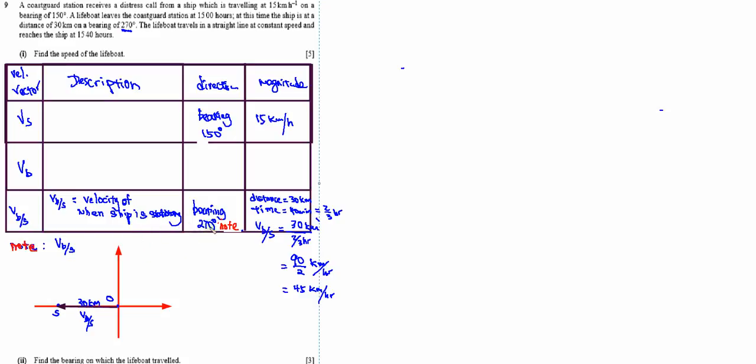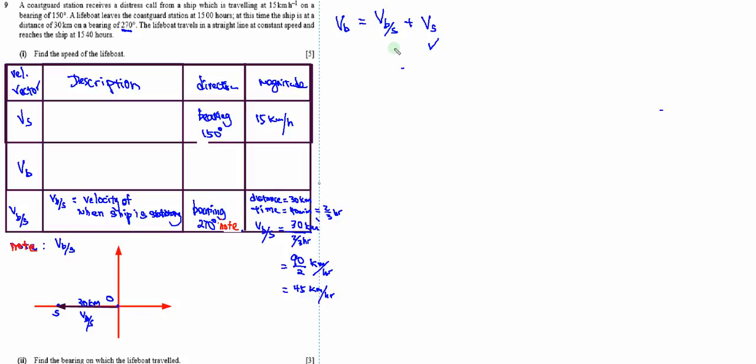So now let's establish the equation. We're using VBS plus VS is equal to VB. In terms of direction, we have VS, which is traveling at the bearing of 150.